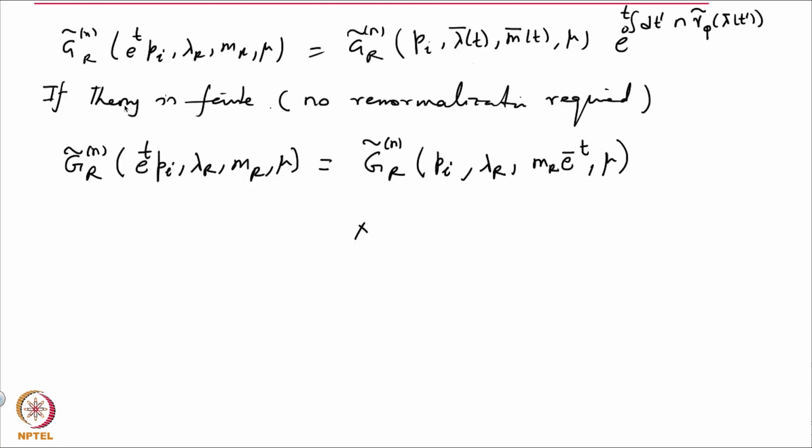Okay, so what I was saying was that let's look at the case where the theory is finite and doesn't require any ultraviolet renormalizations. Okay, in that case, G tilde n r of the scaled up momenta will be related to the Green's function without the scaled up momenta.